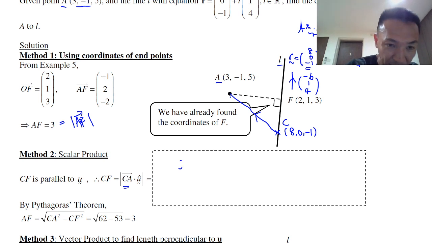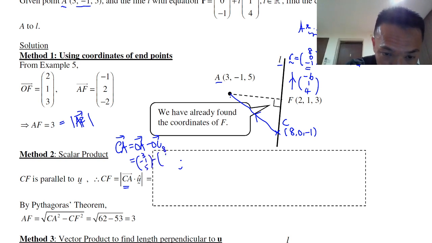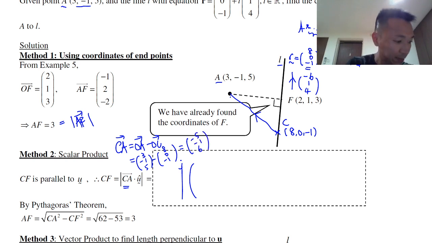Okay, I think there's one step missing. CA, I beg your pardon, equals OA minus OC. OA is 3, minus 1, 5. OC is 8, 0, minus 1. So this eventually is minus 5, minus 1, 6.